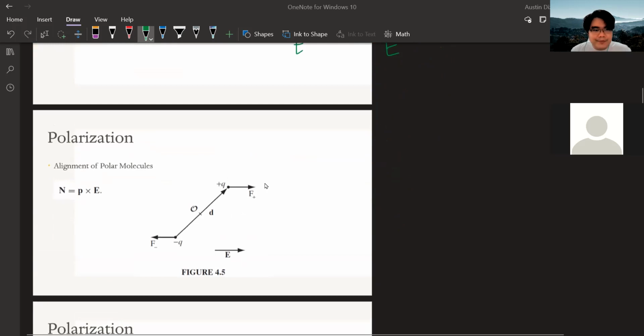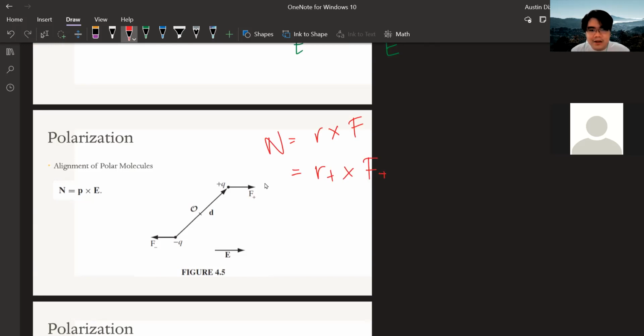So, let's write that down and try to solve things. The torque is just r cross F. But in this case, you have r plus cross F plus, and then we add that to r minus cross F minus.